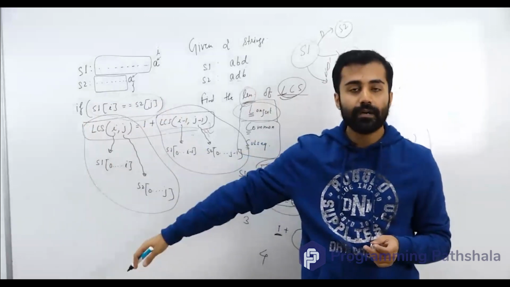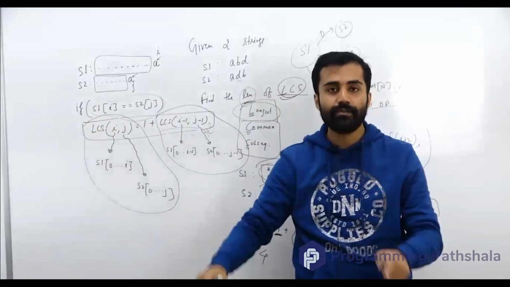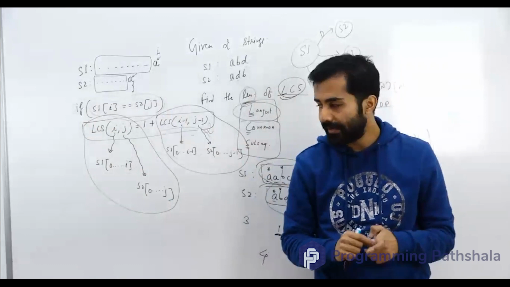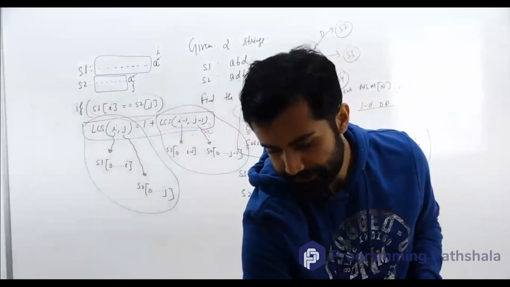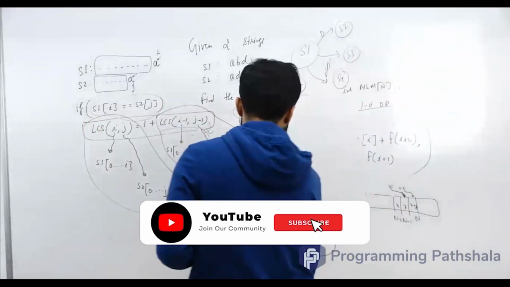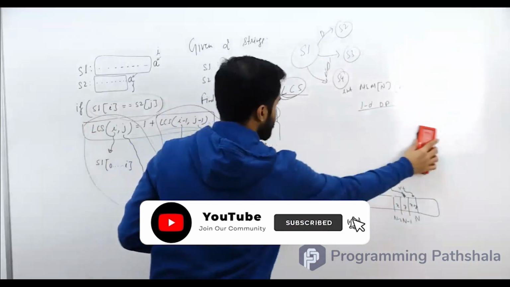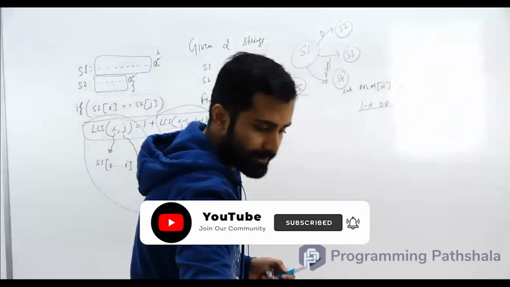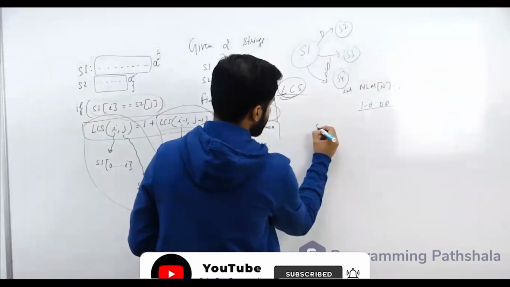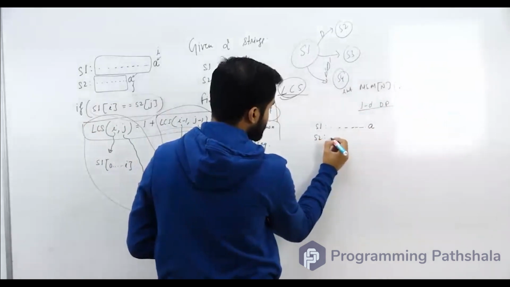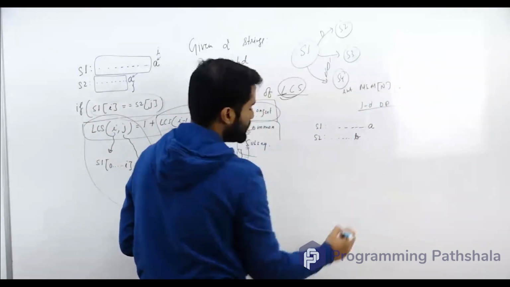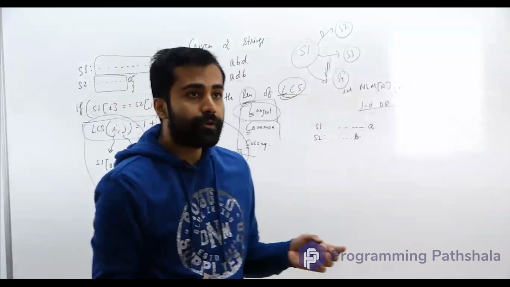So now we need to come to the situation when the last characters do not match. Okay, what if the last characters do not match? Let us take that case. Let's say you have got S1 ending with A and S2 ending with B. Can you tell me what to do in this scenario?